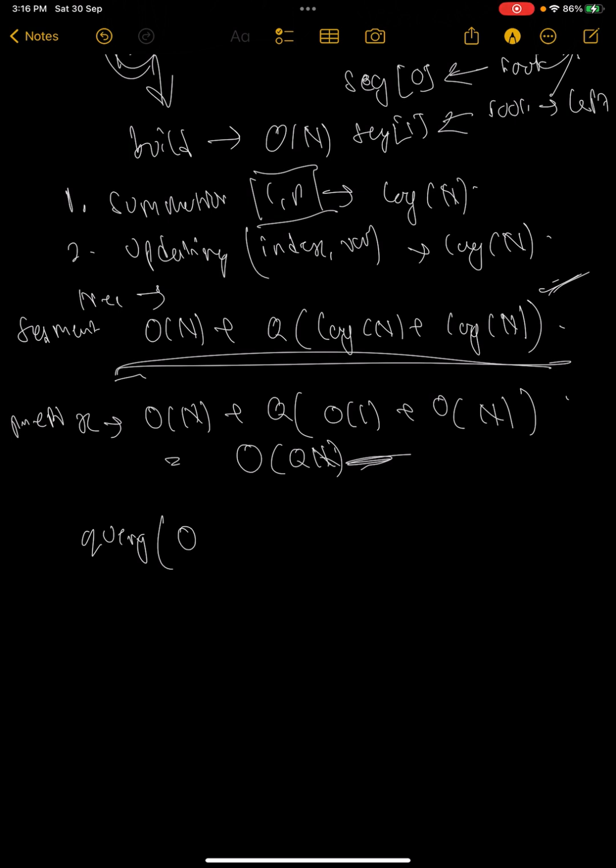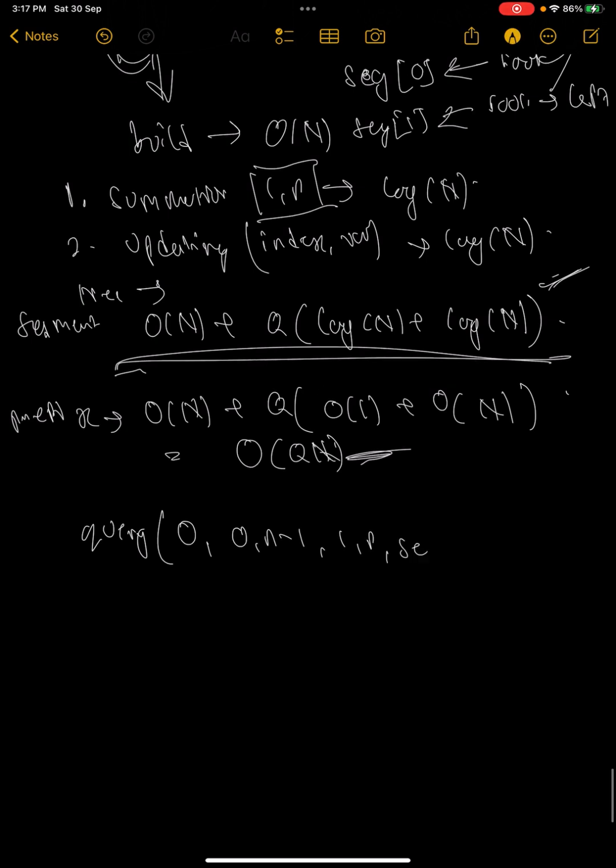So we will call our query. Let me write the query with 0 to n minus 1. Yeah, this is how we will call the query, and this 2 represents the lower bound and the upper bound of our array, and this is the lower bound and upper bound of our query.